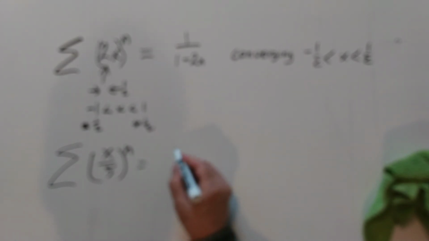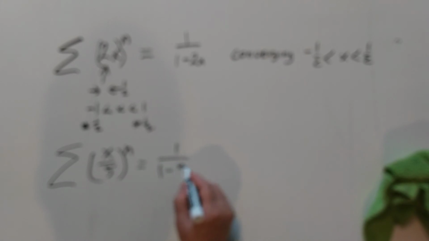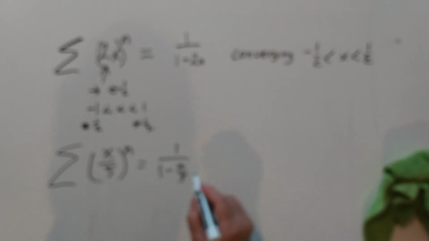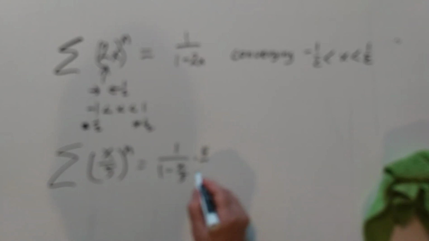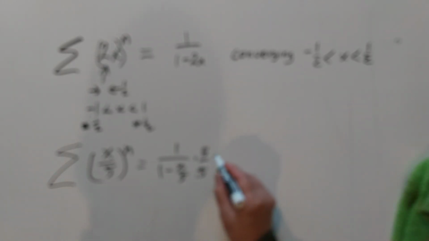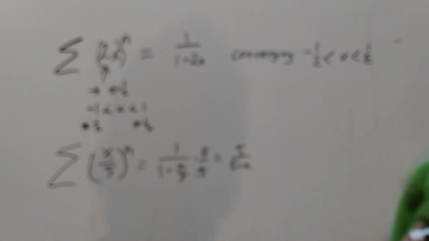Let's take a look at x over 5 to the nth. That will be 1 over 1 minus x over 5. I would prefer to get rid of fractions, so we'll multiply top and bottom of the fraction by 5, and that gives me 5 over 5 minus x.